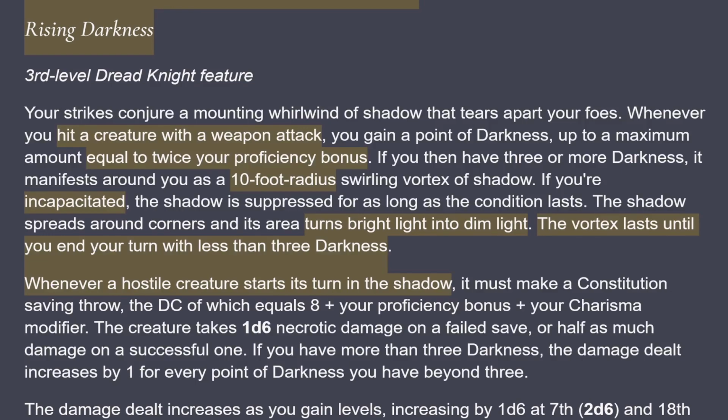It'll still be doing good, consistent damage, but it won't be quite so much. I guess we're talking about 2 average damage or 1 average damage at lower levels per creature per turn. So it's not a totally unreasonable difference in power.